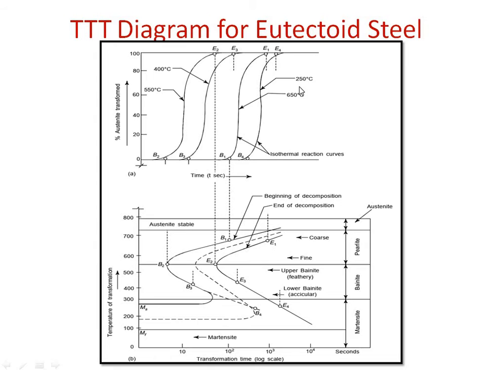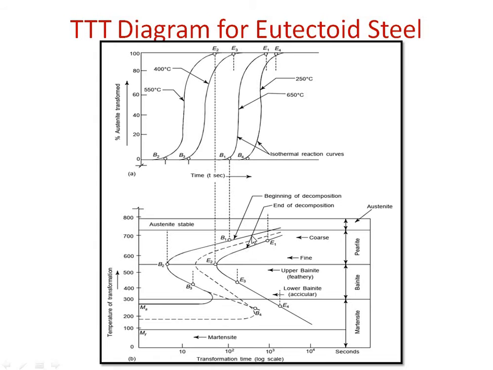After this, the next step is we have to shift all these points which indicate the beginning and the end of transformation curve on another rectangle at the corresponding temperatures. So after shifting all the points which indicate the beginning of transformation, we will get these points B1, B2, B3, B4.